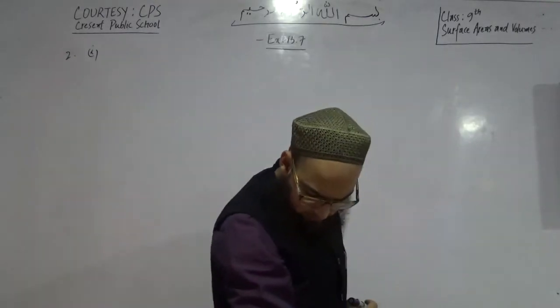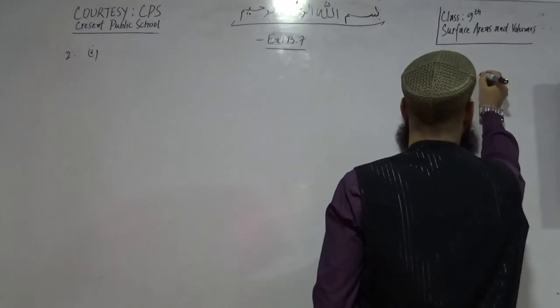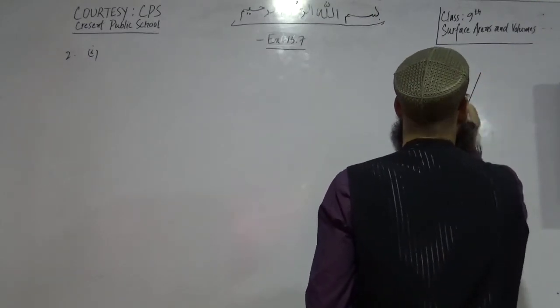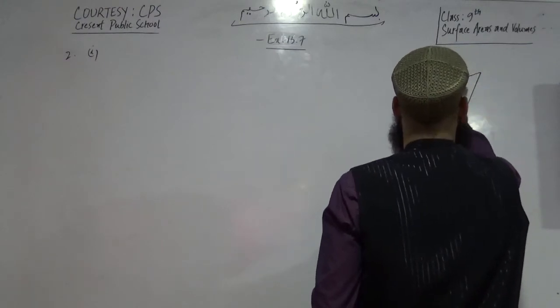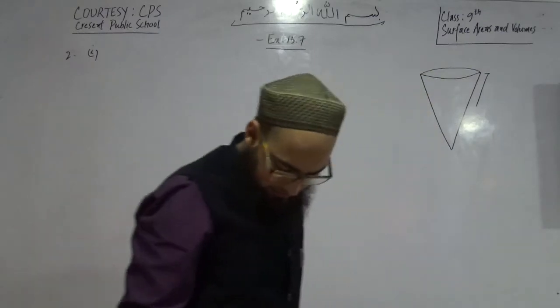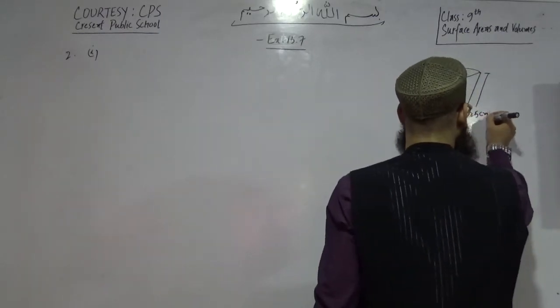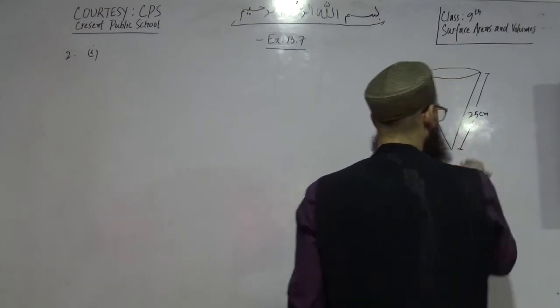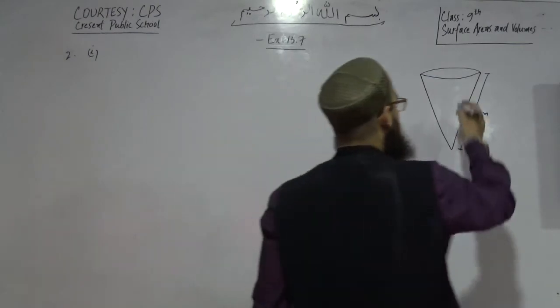It's a conical vessel. This is a conical vessel with some slant height given. This is 25 centimeter. The radius is 7 centimeter.